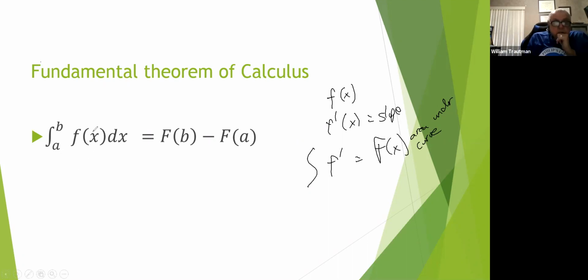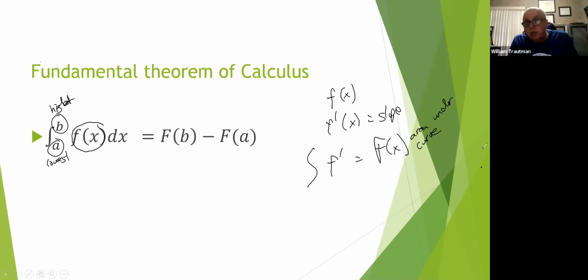And when we do this, we integrate the function. Once again, we're going to integrate it between two numbers. This is always the lowest number, and this is the highest number. If you watch the video on 5.3, it talks about what you have to do with that function if the low number and the high number are switched.